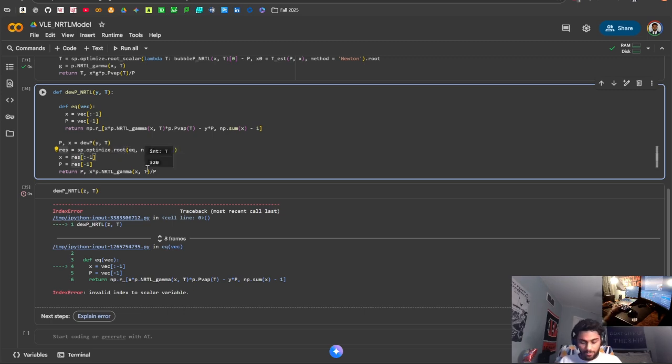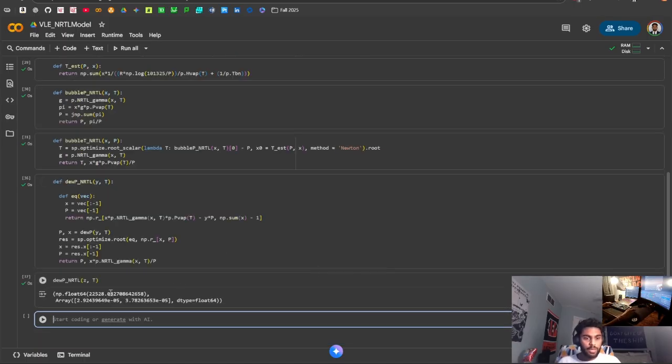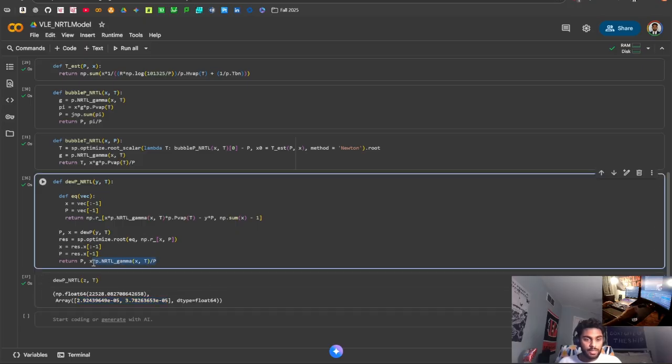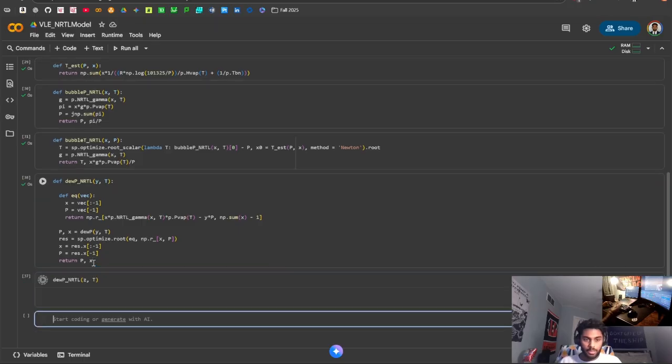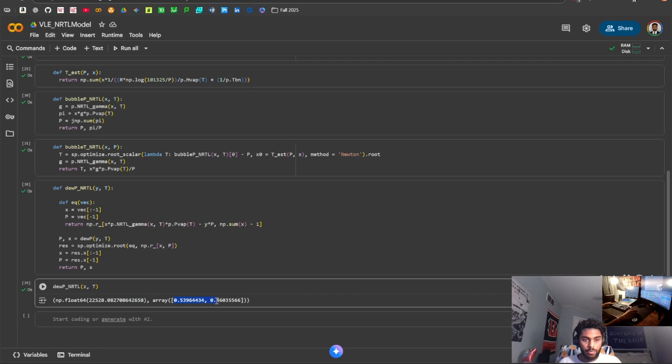And we need to specify that we are taking out the x array. So now if I do that, we have our dew pressure, and we seem to have very low values for our x's, and that's because I think we just need to pull out the x. And there we go. We have our pressure, we have our liquid compositions.